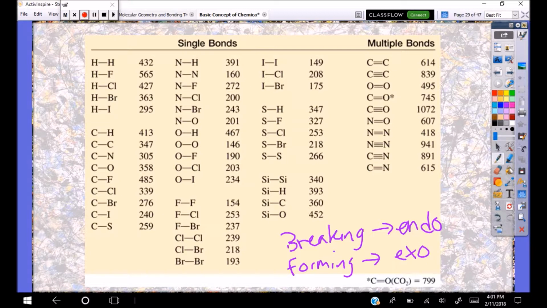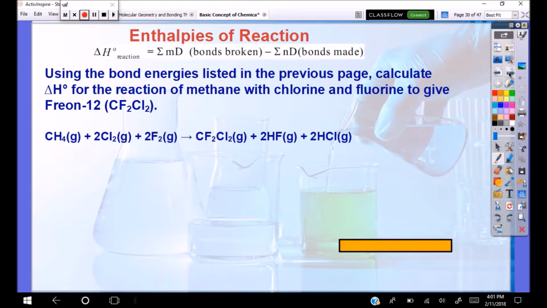In terms of these, with covalent molecules, these numbers that you're seeing in this chart here, we're going to treat these as positives for the entire time for this unit. We know before that we do products minus reactants. We're not necessarily going to do that here. When we calculate delta H for a reaction for these types of problems, we're going to look at the sum of the energy for the bonds broken minus the sum of the energy for the bonds made.